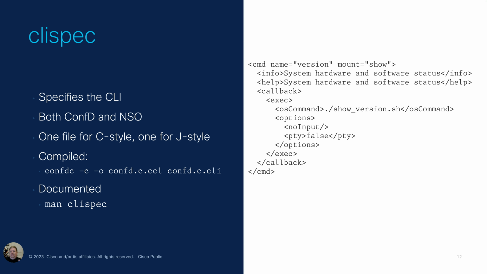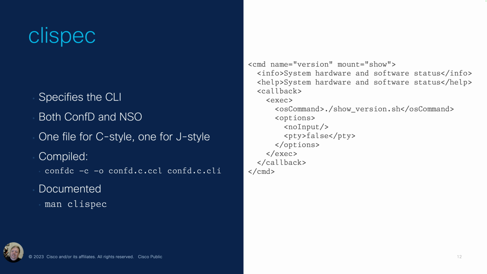To the right-hand side, you see a little snippet that mounts the show version command, saying that there's a command version, it is a sub-command to mount, with a bit of info, and telling us that when I run show version, you should execute the show version shell script in the same directory as the Netsim.